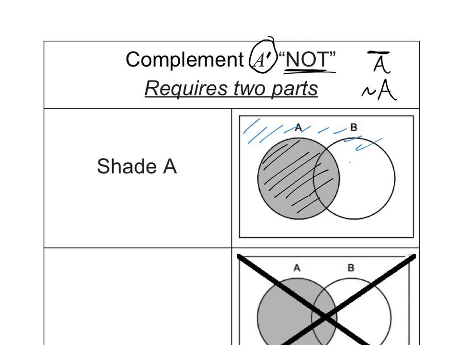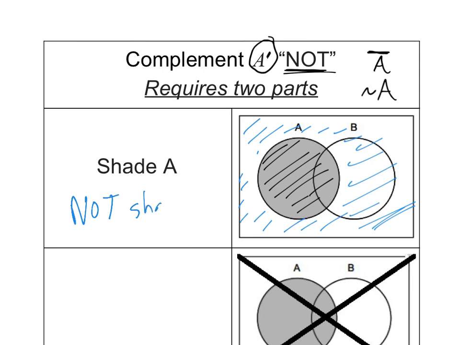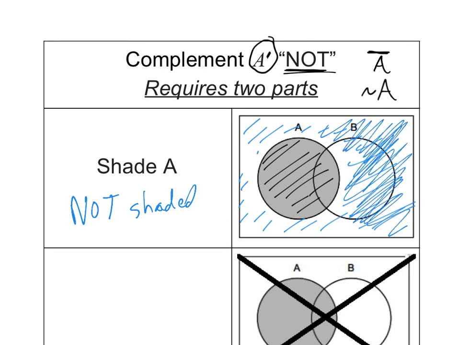So this blue portion, notice that that is all of the stuff that was not shaded. So when we shaded in A, we did not shade in any of this other stuff. I know I'm shading it right now, but that's the stuff that was not shaded when we shaded in set A.